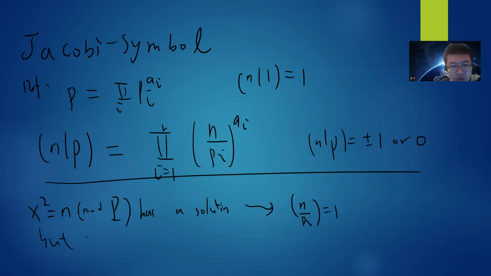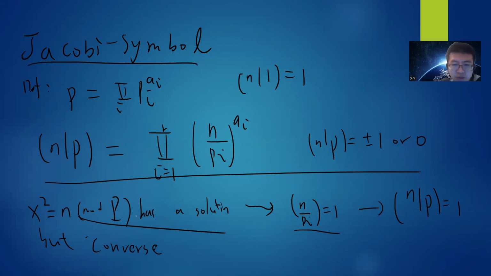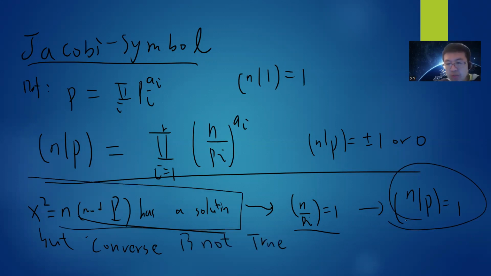Even though the product may be 1, there could be minus 1 squared. So the Jacobi symbol can only tell you one direction: if you have a solution, then this must be 1. But it still gives you a way: if you compute the Jacobi symbol and it is minus 1, then you know that there's no solution for x squared equals n mod p.